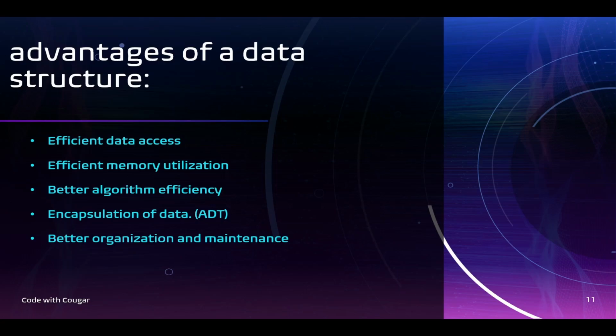They provide efficient data access, memory utilization, efficient algorithms, encapsulation of data, and better organization and maintenance. So by understanding these advantages, we can create better programs and better software and improve our overall programming skills.